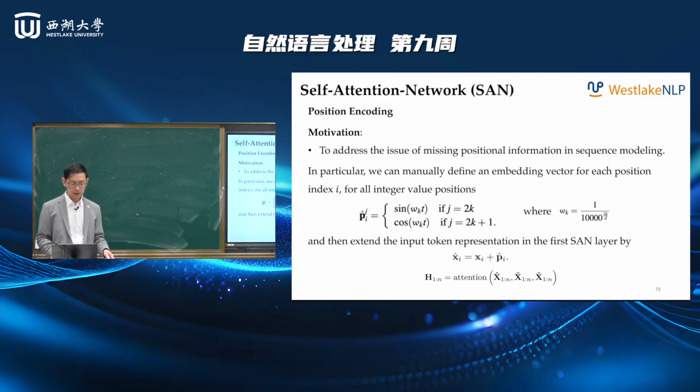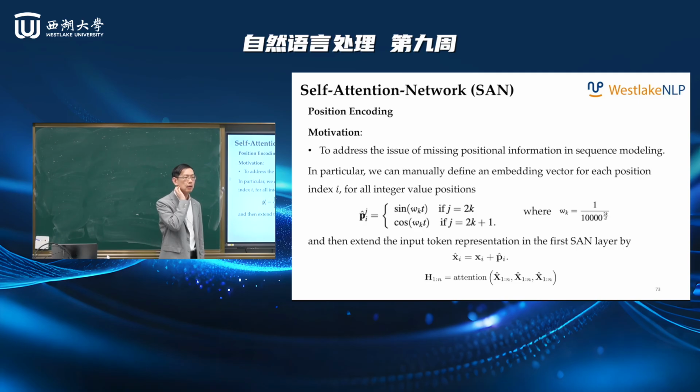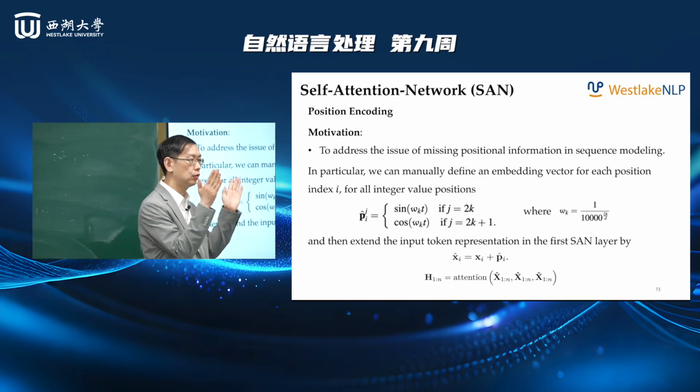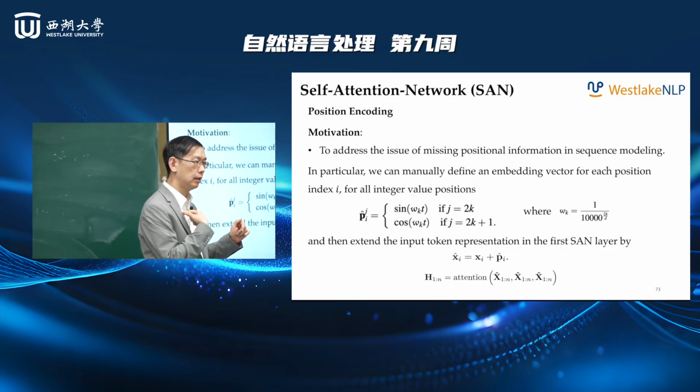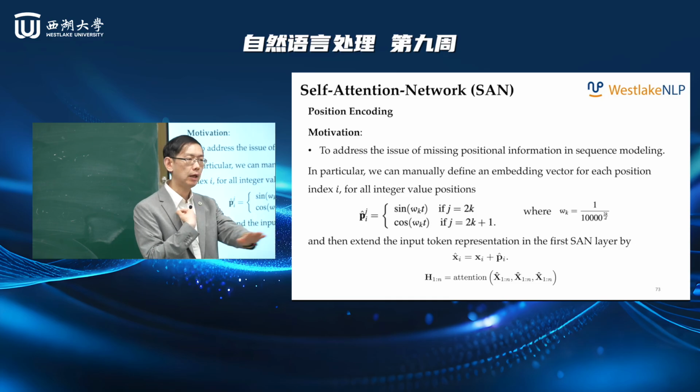But how about we add position information into my word embedding? Originally, I have X, the word embeddings, as my input, if you remember the beginning of the class. But now, how about we concatenate a position encoding vector with my word embedding vector, so that when I do the query, I know my position and I know everyone else's position.